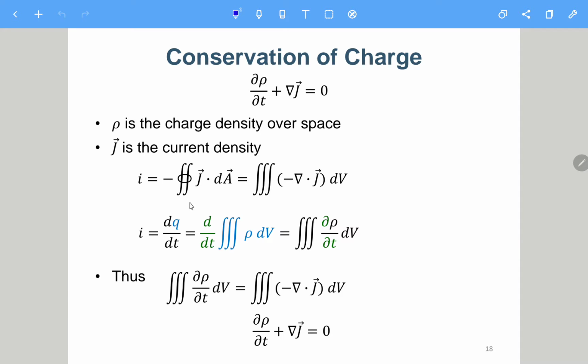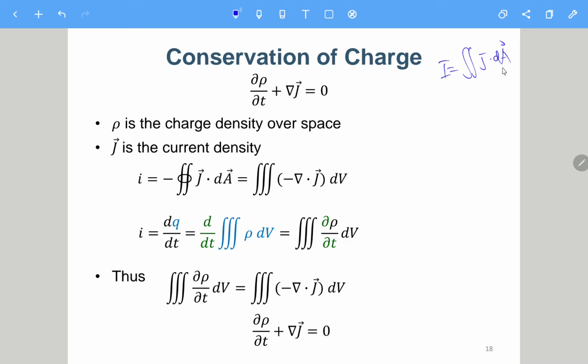So here the first one is that I equals the surface integral of J dot dA. In chapter 26, when we talked about this definition, it is written like I equals the double integral of J dot dA, without this negative sign and without this circle.